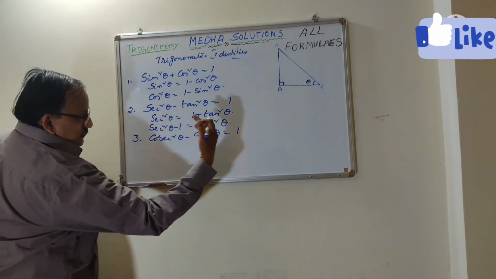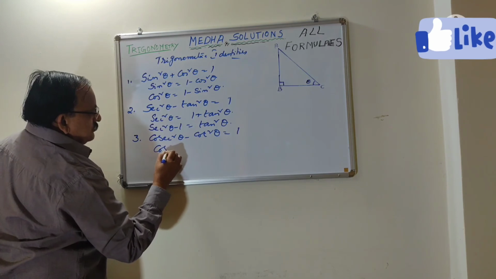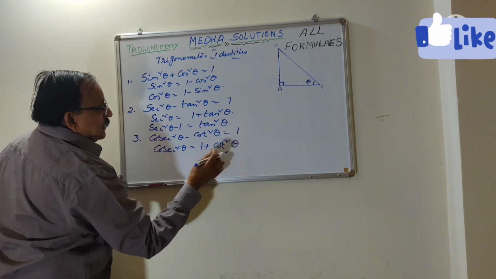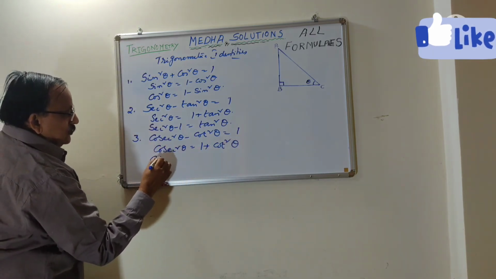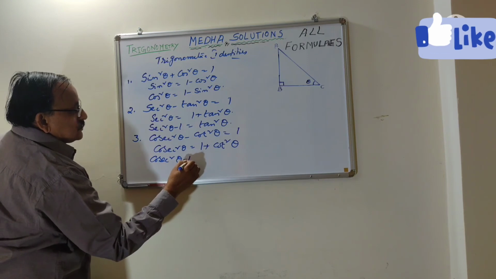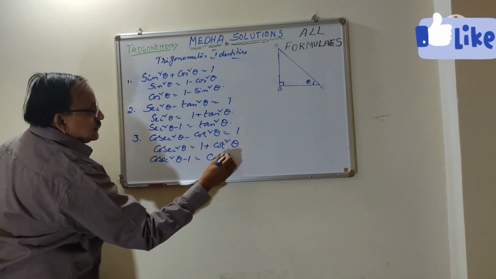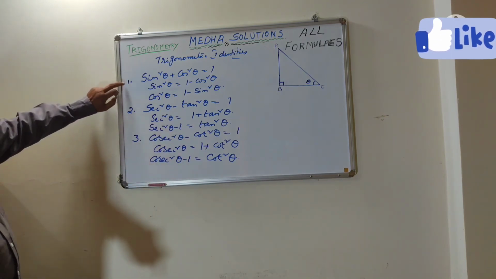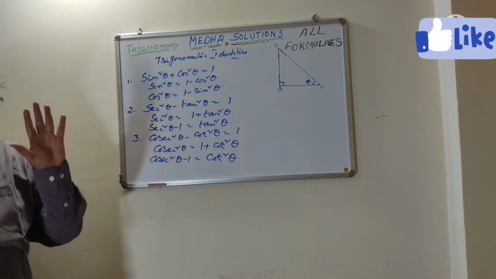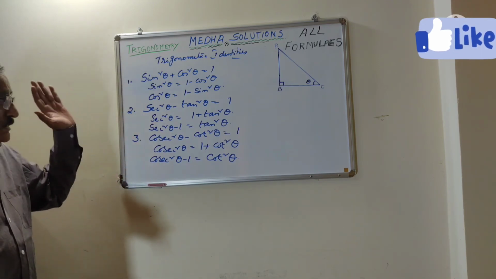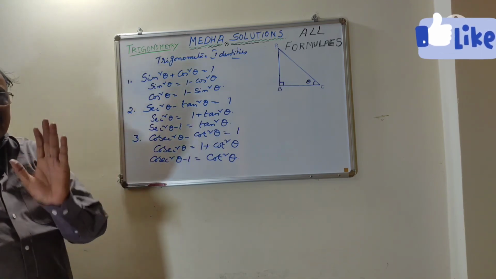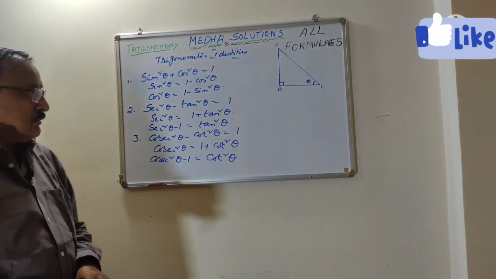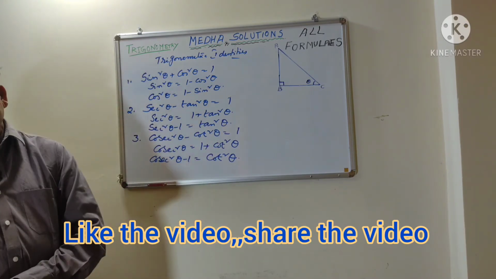Now transpose cot square theta this side: cosec square theta is equal to 1 plus cot square theta, or transpose 1 this side: cosec square theta minus 1 is equal to cot square theta. Like this we can change. If you remember these three identities, these changings are important while solving the sums. And at any stage, depending upon the condition, we have to use these identities.